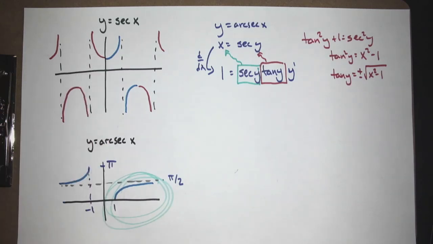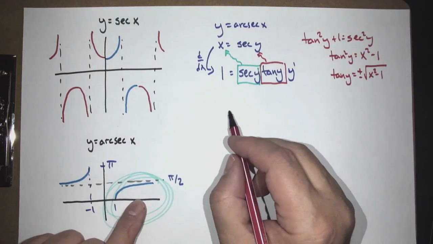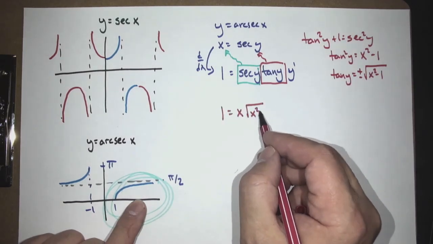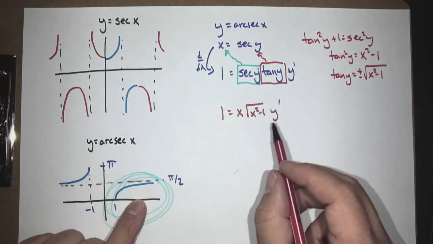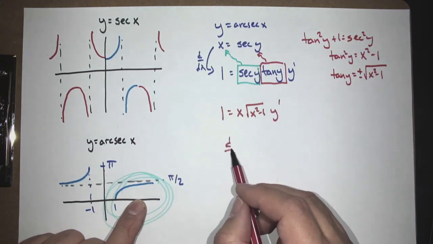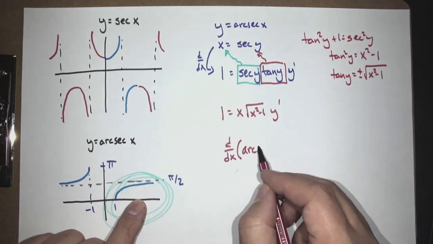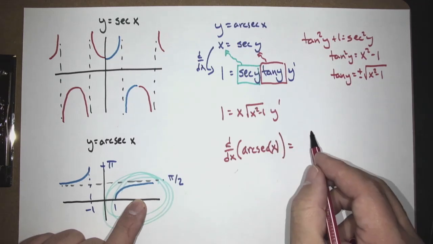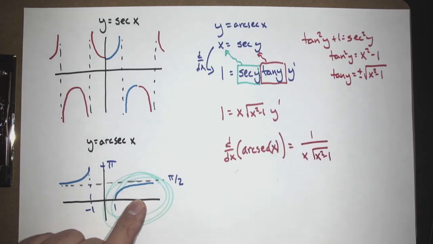Tangent is also positive, so on this side, it would just be the plus square root of x squared minus 1. So on this right-hand side, we get that 1 equals x square root x squared minus 1 times y prime. Or, rewriting this, y prime, the derivative of arcsecant, is 1 over x square root x squared minus 1.